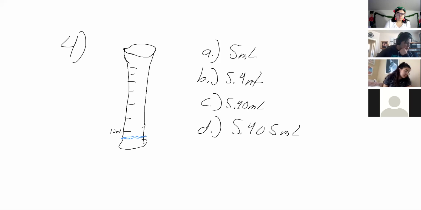So it's your 10th of a milliliter. Which of these would be more accurate to be reading? I believe that's what the question's asking.